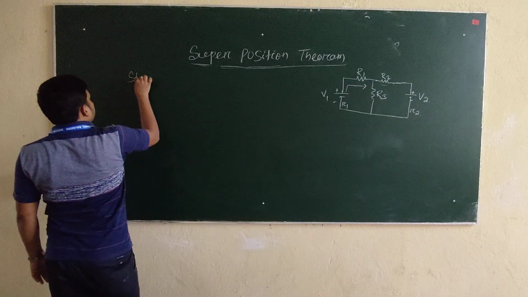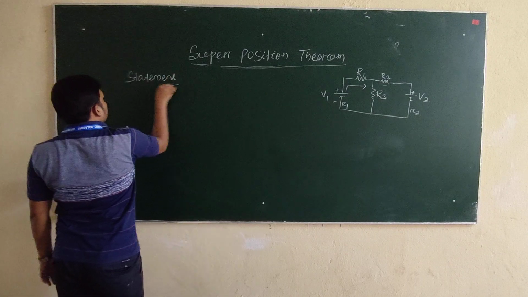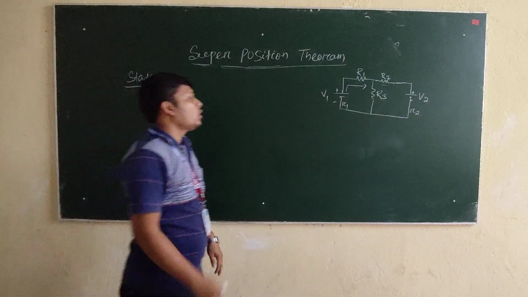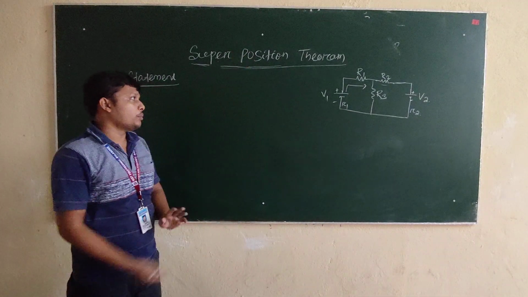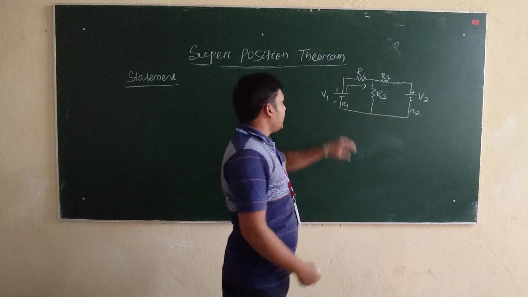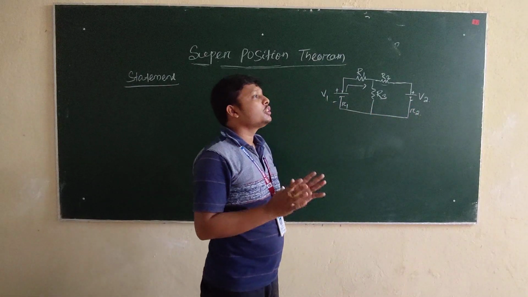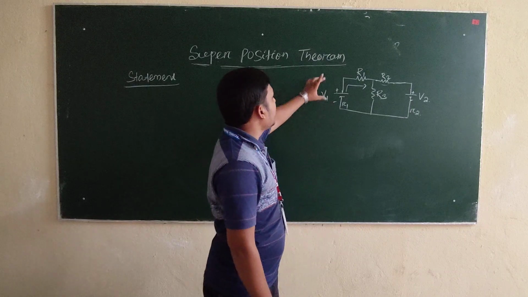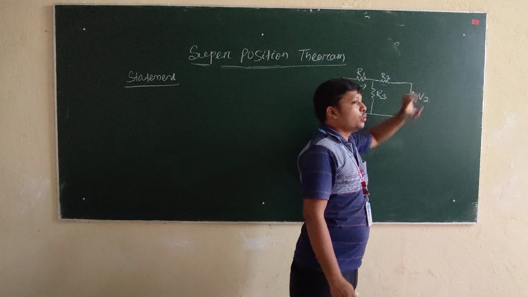Statement. What does this theorem state, or why do we apply this theorem? Let us consider this example. Here we have connected two sources. How is the superposition theorem applied? Here we have connected two sources, V1 and V2.